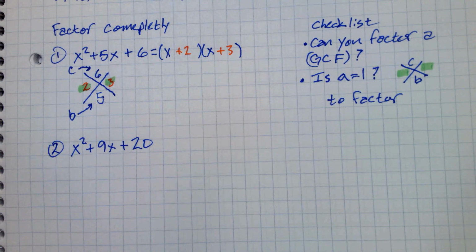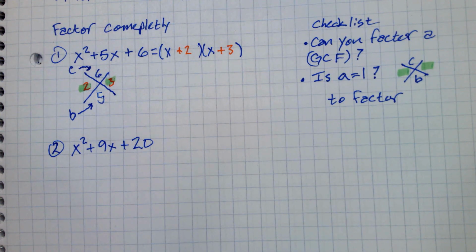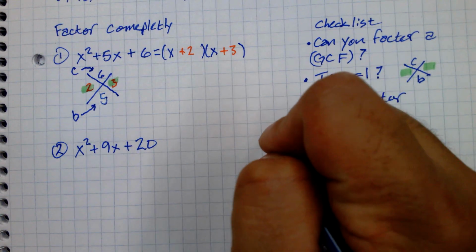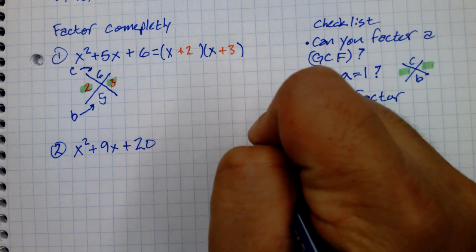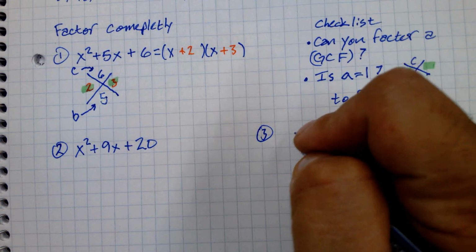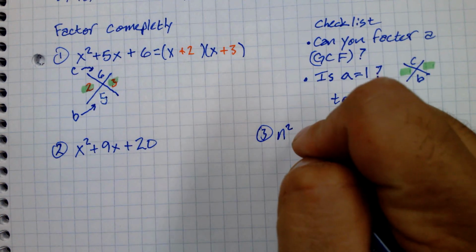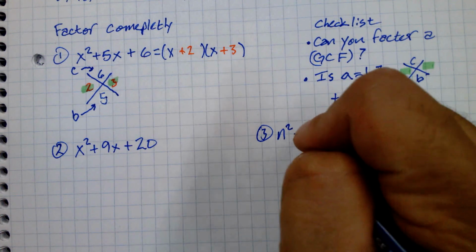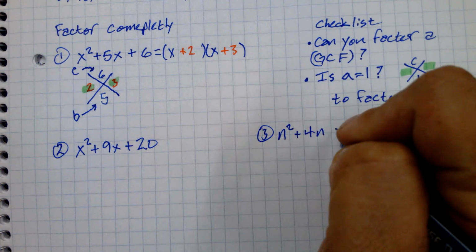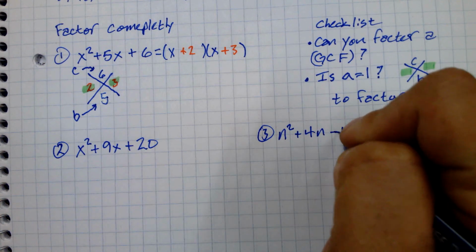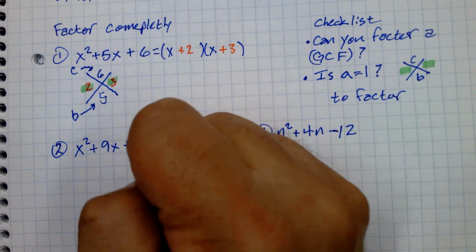And then I'm getting tired of x's, so for number 3, we'll do n squared plus 4n minus 12. Let's try those.